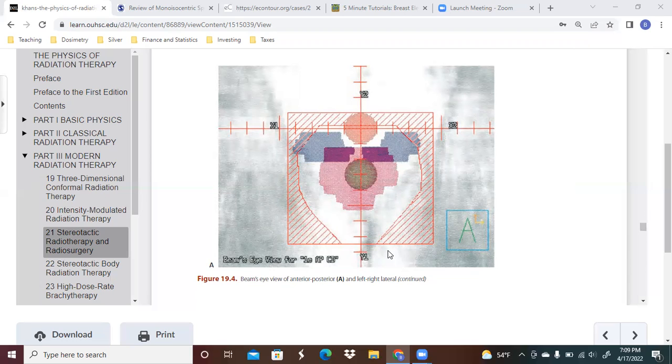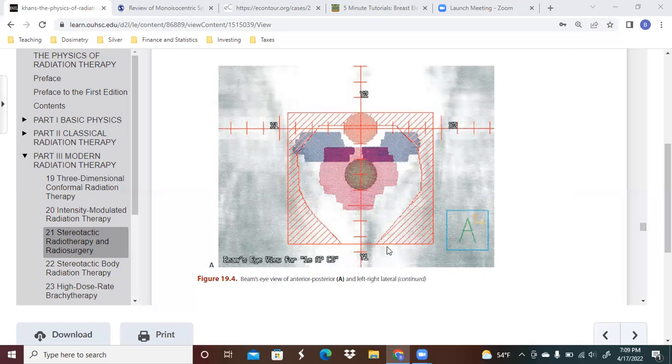And all of this, the 3D planning, is pretty much defined by the fact that there is no inverse planning element to it. What I mean by inverse planning is that you're not taking certain parameters and handing them to the computer and saying, okay, you figure out how you want the dose distribution handled. That's not what's going on here.